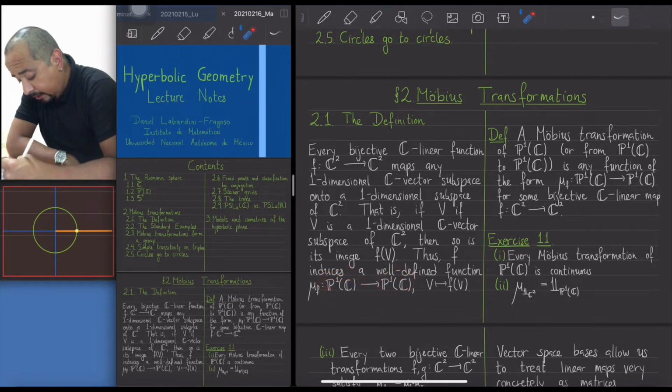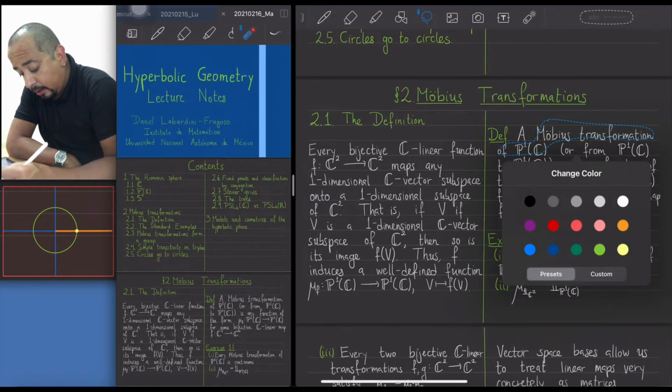Namely, it maps any one-dimensional C vector subspace to the image of that subspace under F. And that is what we call a Möbius transformation of P1C, or from P1C to itself.